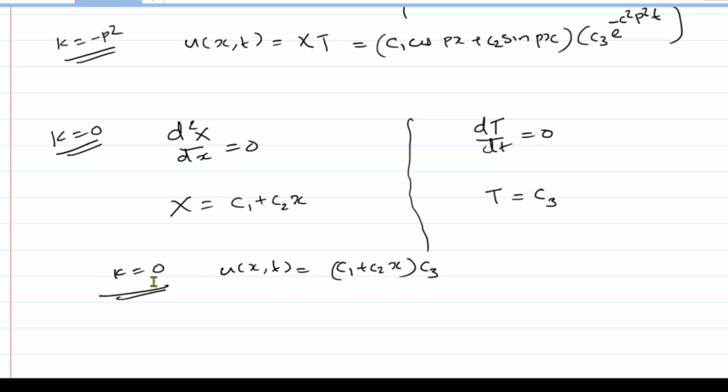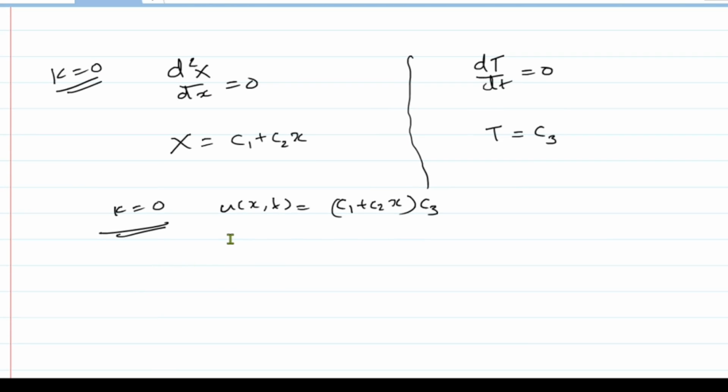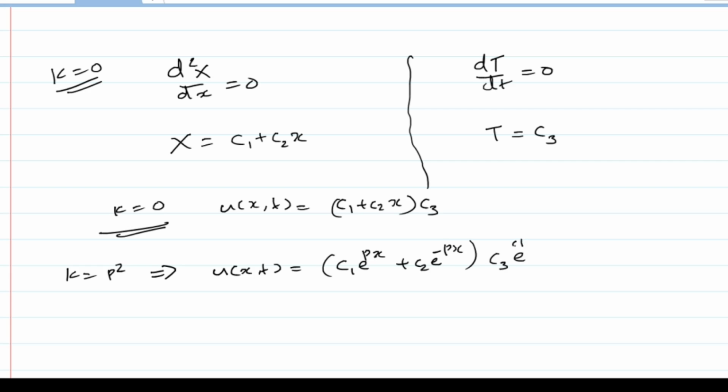So we have received solutions for three cases. For case k equal to p square we have got the solution u of x,t is equal to c1 e raised to px plus c2 e raised to minus px into c3 e raised to c square p square t.